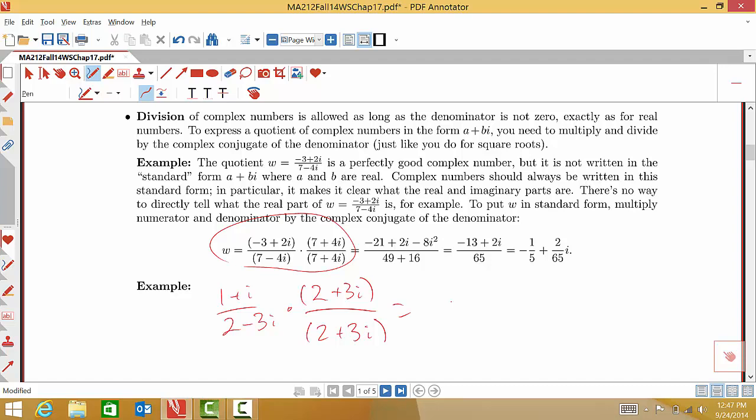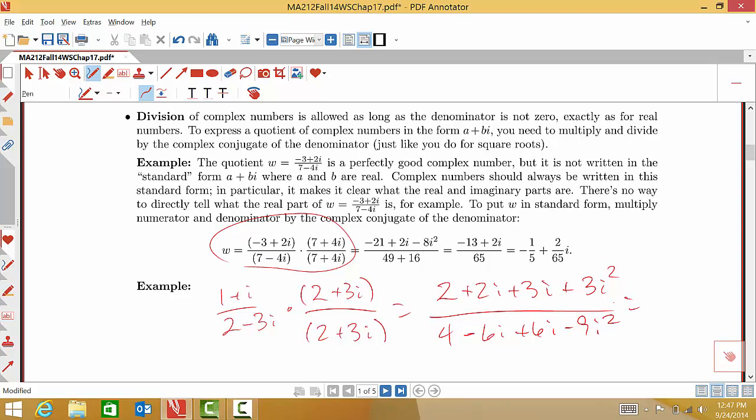I multiply out the top, and I get 2 plus 2i plus 3i plus 3i squared. On the bottom, I'll end up with 4 minus 6i plus 6i minus 9i squared.